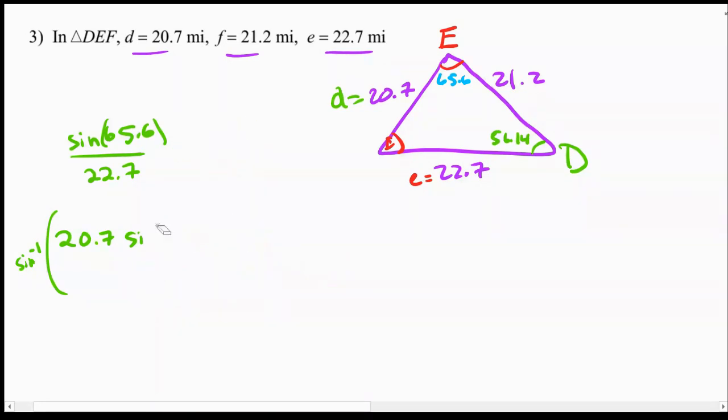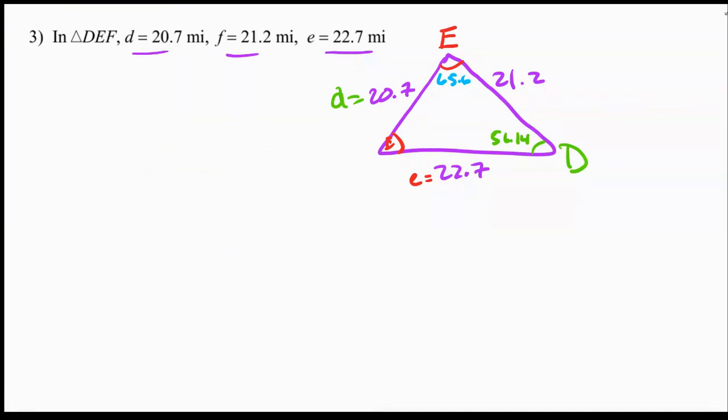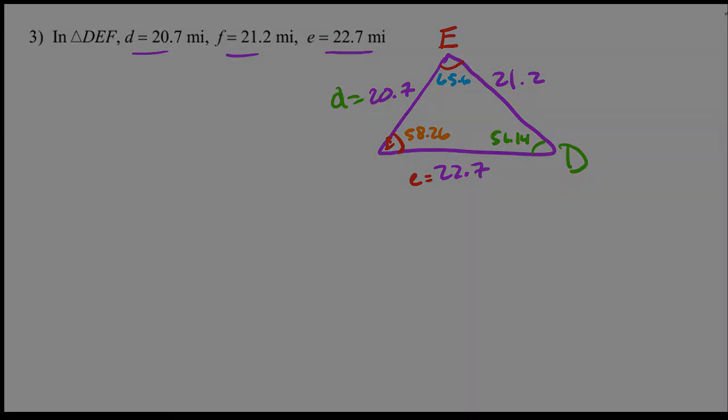And now my final step is to find the last angle, and since all 3 angles have to add to 180, I'm just going to do 180 minus 65.6 minus 56.14, and I get my final angle of 58.26. Be careful because these are all rounded values, so it's not exactly that, but for the most part, that's our angles and our solved triangle.